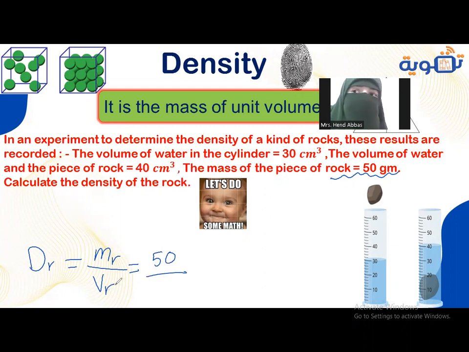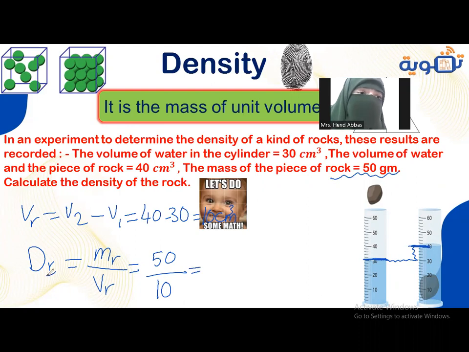What about the volume? We don't have the volume of the rock. We have the volume of water before and after adding the rock. So the volume of the rock is the difference between those two volumes. V of the rock equals V2, which is this water level, minus V1, which is before adding the rock, which equals 40 minus 30, equals 10 cubic centimeters.